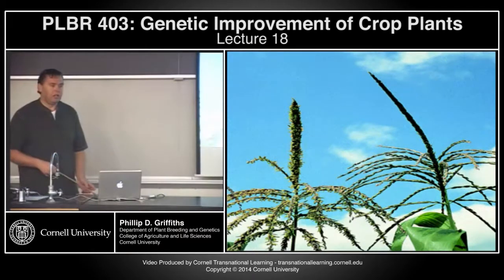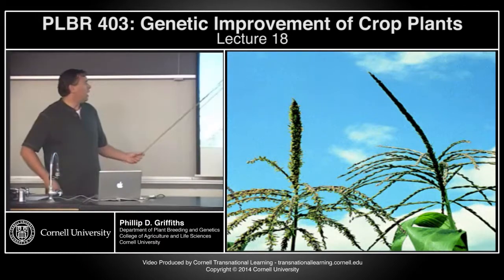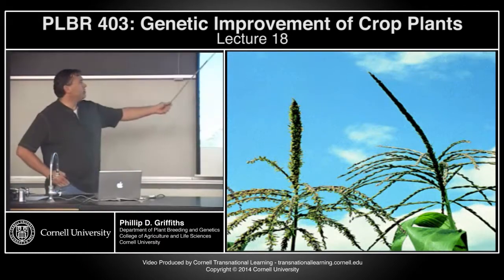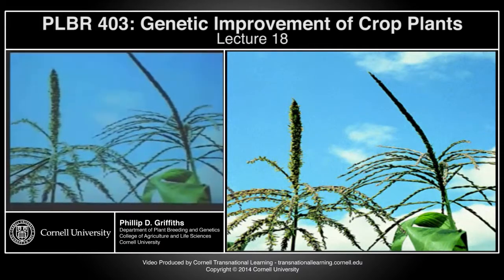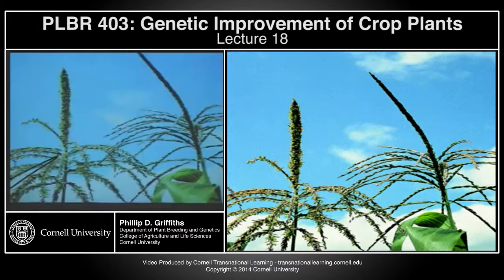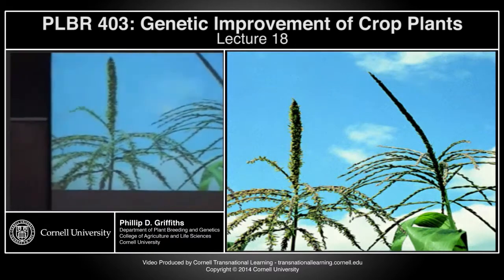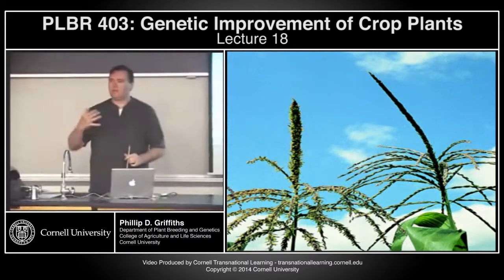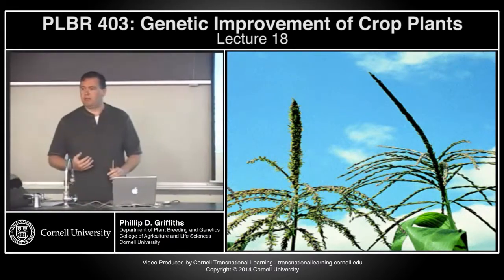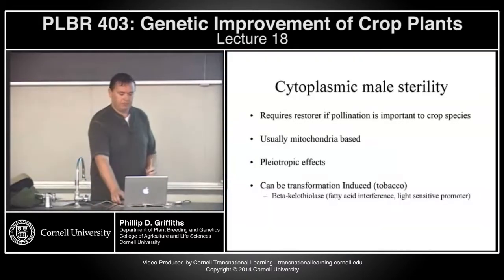If we were to look at a corn plant, we can see the male flowers of a male fertile plant, and then the male sterile type. So morphologically, male steriles can be differentiated from male fertile types when selecting parents for a cross.